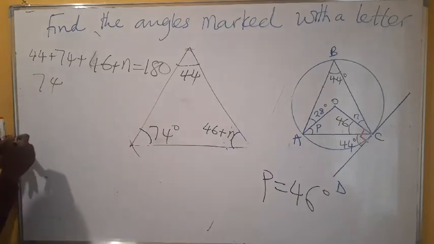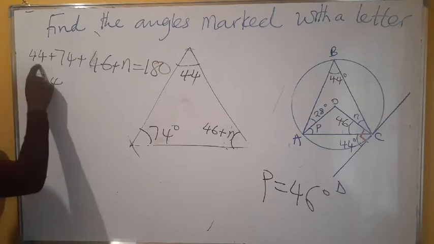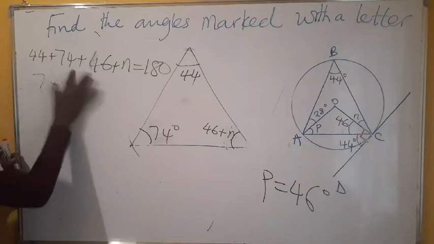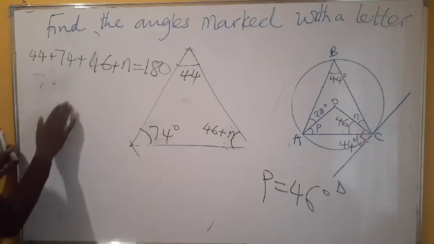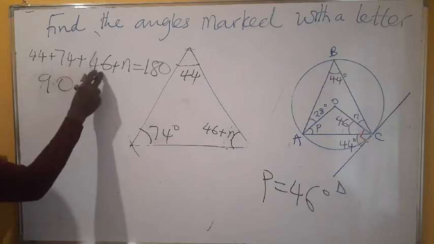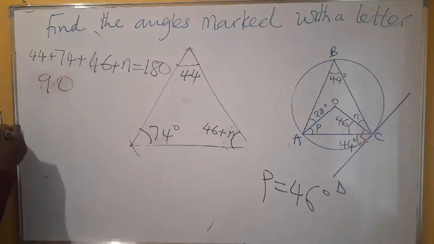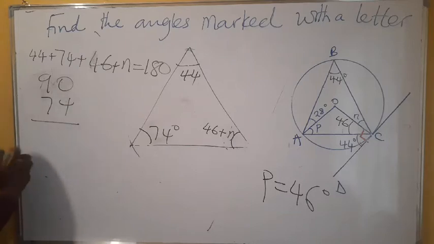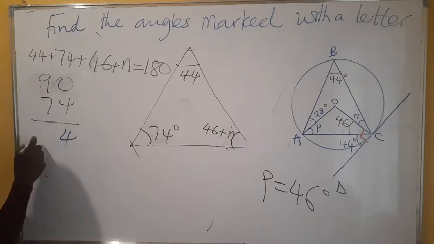Remember that this and this one will give us 90. So 44 plus this one give us 90. Then we have 74. What are we getting? We are getting 164.